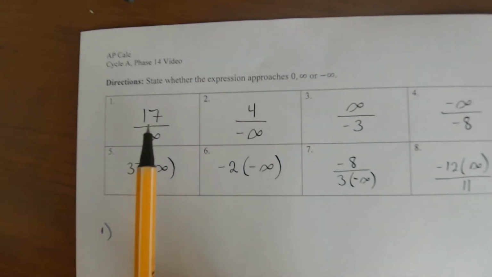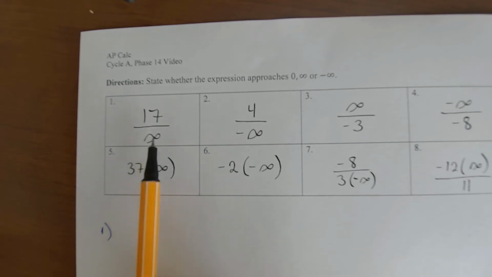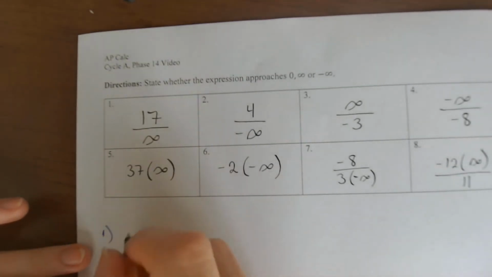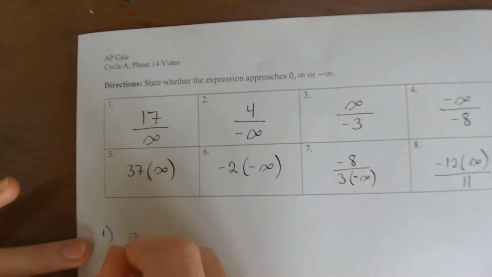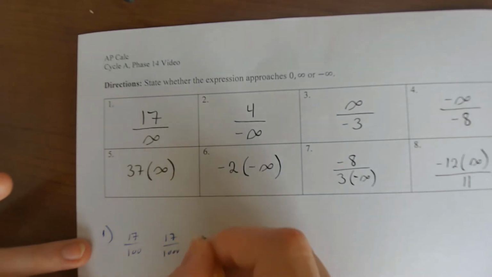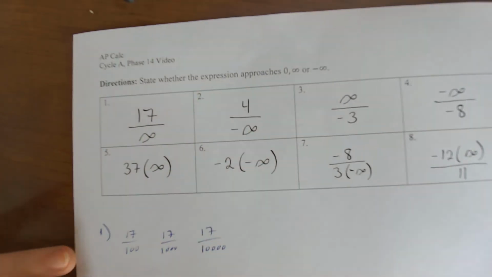So this symbol, this infinity symbol, means that this denominator is growing without end. It just keeps growing. So we could think like 17 over 100, 17 over 1,000, 17 over 10,000.